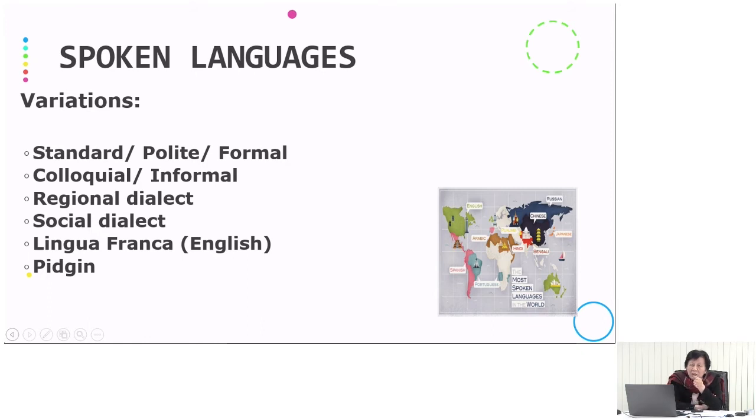So it means that even in Thailand, we have 4 main dialects, right? But in each dialect, we also have sub-dialects as well. Sub means under. So for the sub-dialects of the northern dialect, people at Chiang Mai speak differently from people at Lamphun, right? You can notice that.